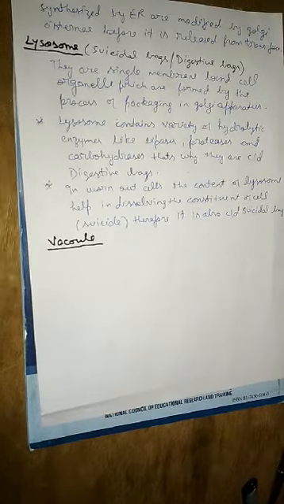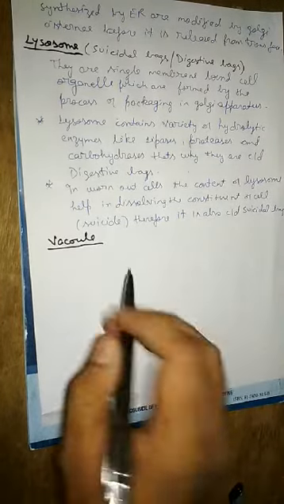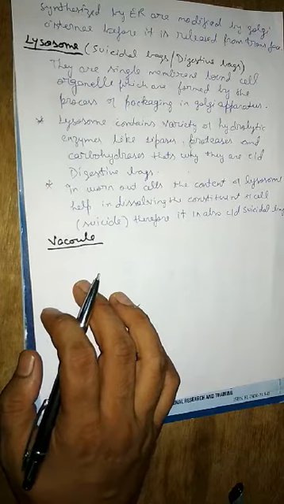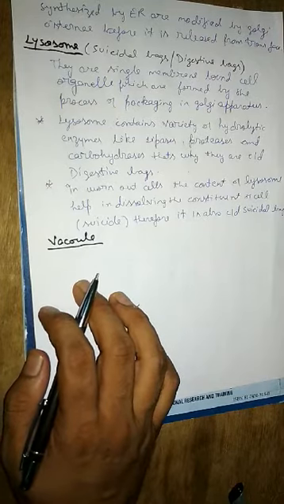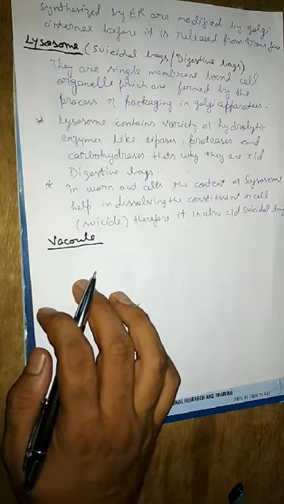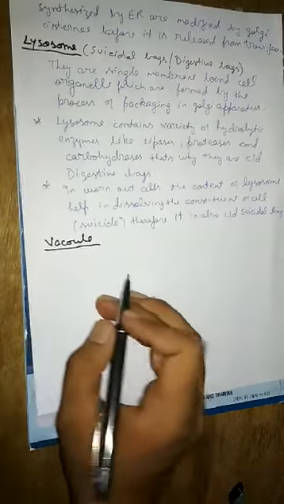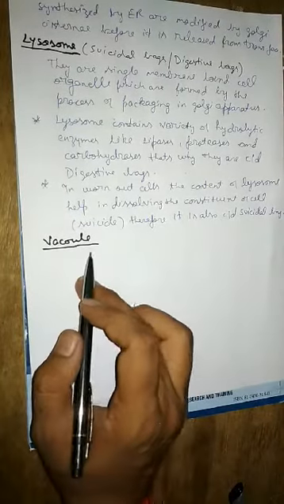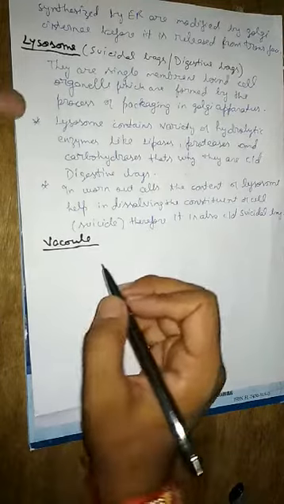I told you earlier that all the components of the endomembrane system are membrane bound, that we have seen. So this vacuole also is a single membrane bound cell organelle, and the membrane is given a very special name, tonoplast. So the tonoplast is exclusively the membrane of the vacuole. Clear?